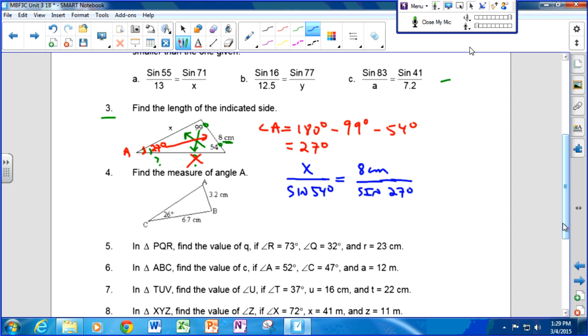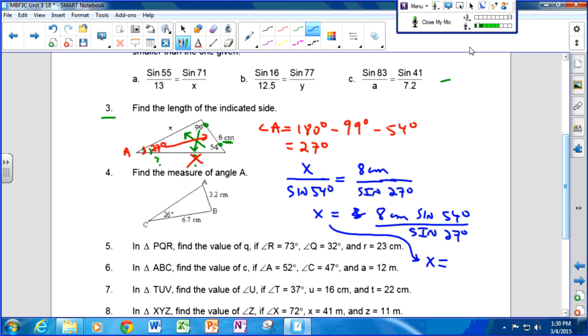Okay, so I should be ready to go here. Now x is a side length, so it's going to be 8 centimeters, sine 54 degrees, and all of that over the sine of 27 degrees. Okay, yeah, there you go. And now, just before I run out of room here, what's x going to be?